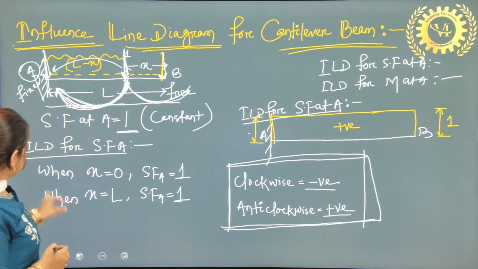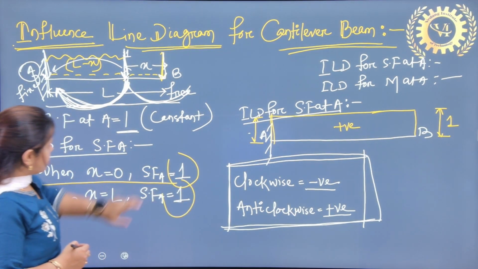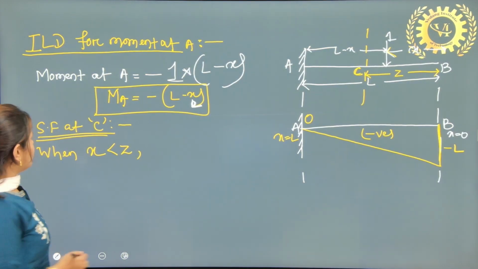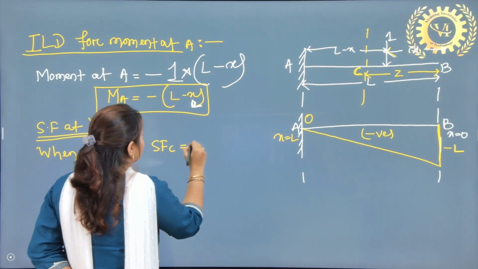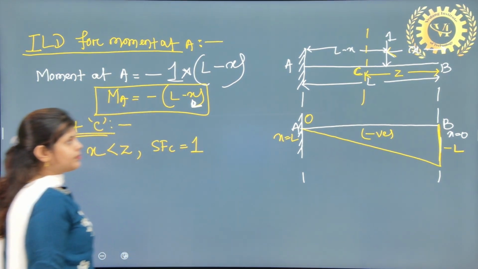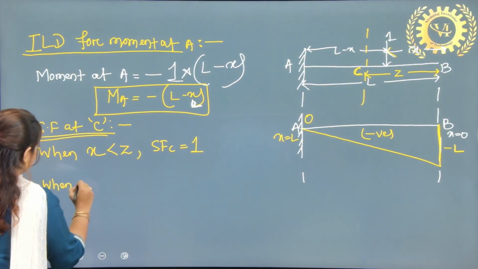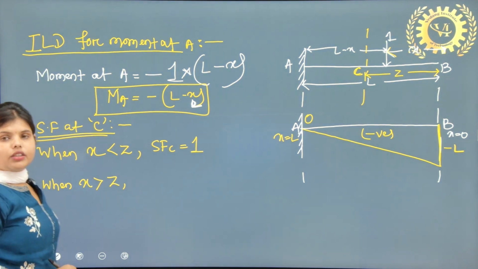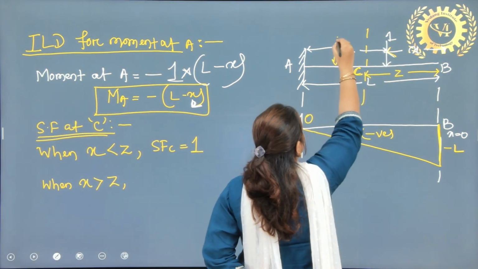If x is less than z, here you can see when x equals 0, the shear force is 1. Also here, the shear force is 1. So now I can write that SF at C will be 1. Another case is when x is greater than z. x greater than z means the load will be at this point.